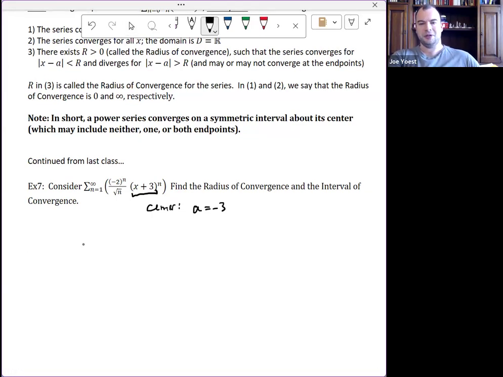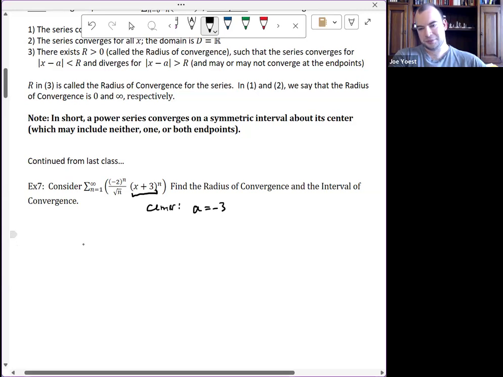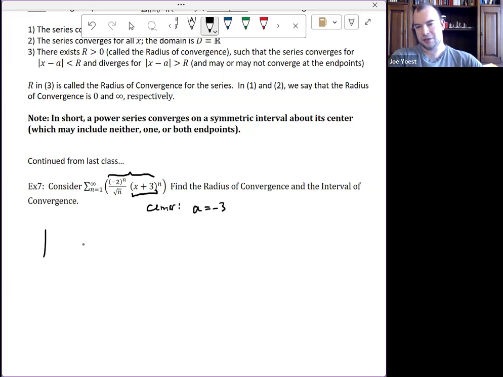Remember, the way that we usually go about this is we start with finding the radius of convergence, and for that, we typically use the ratio test, because that takes the ratio of the next term to the current term, which means that a lot of this x to the n business just kind of divides out and gives me something pretty easy to work with. So we'll call each of these a sub n.